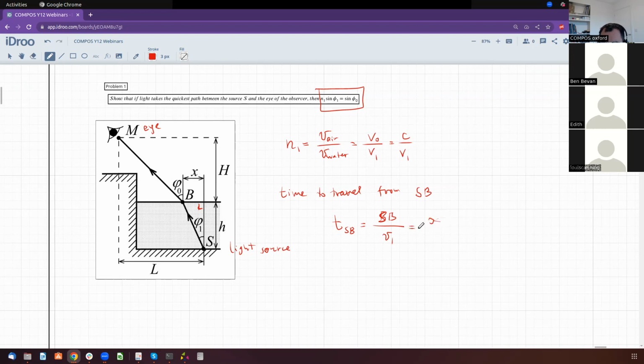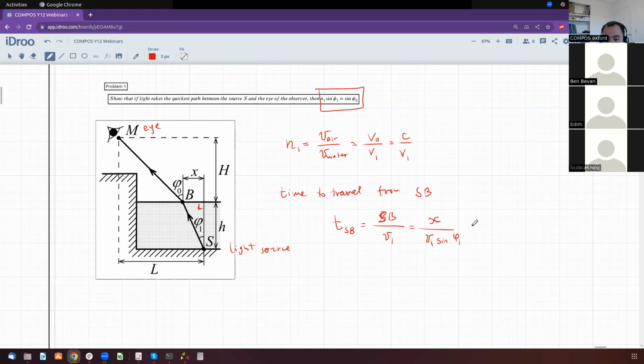So x over V1 sine phi 1. Secondly, do we know everything? Yes. So x is our variable. X is the variable that's going to change.